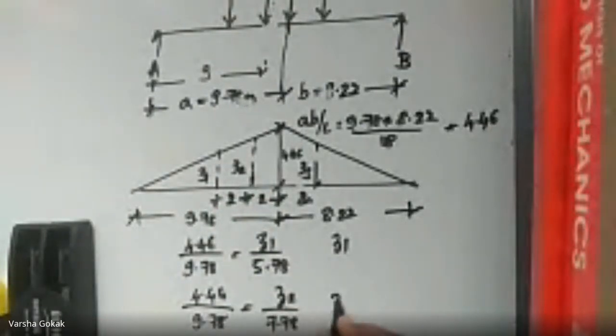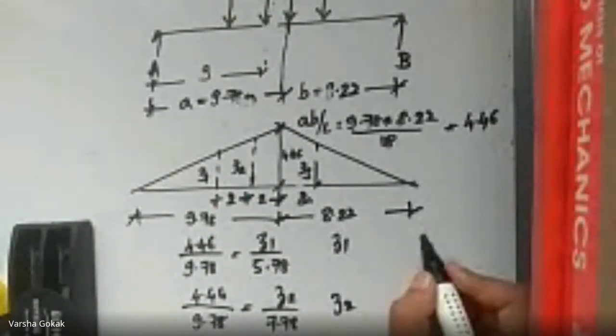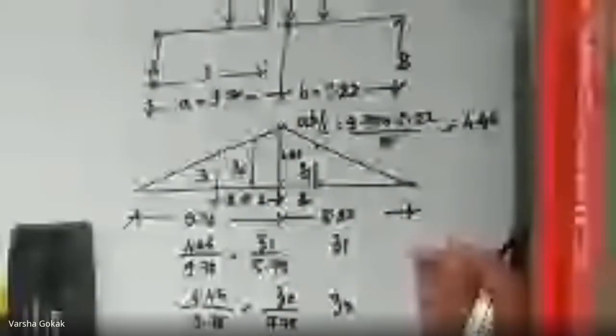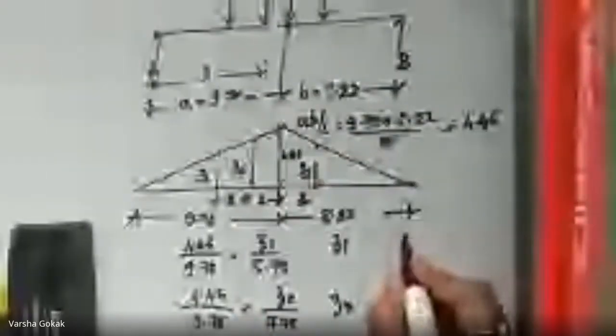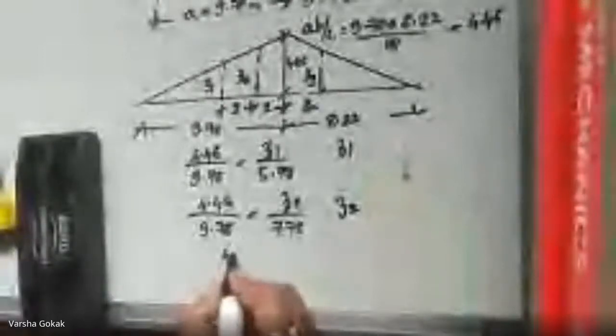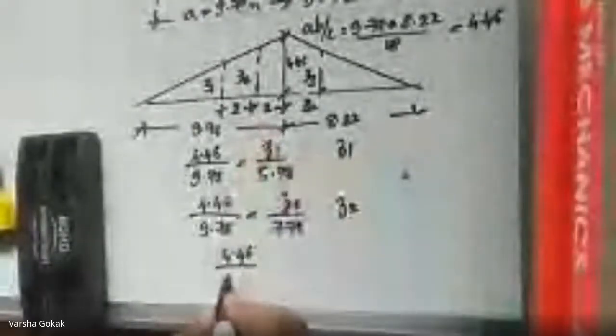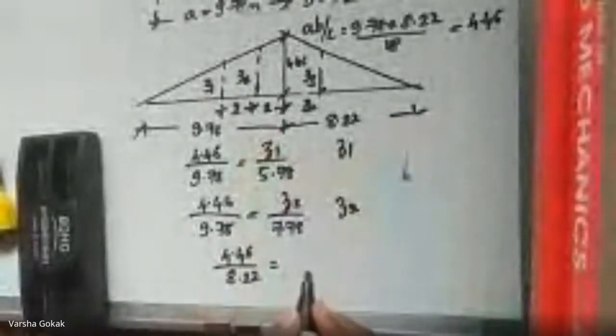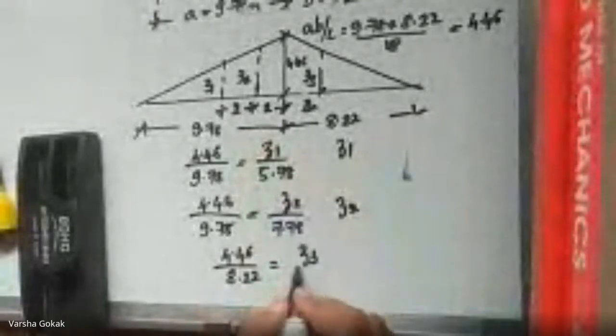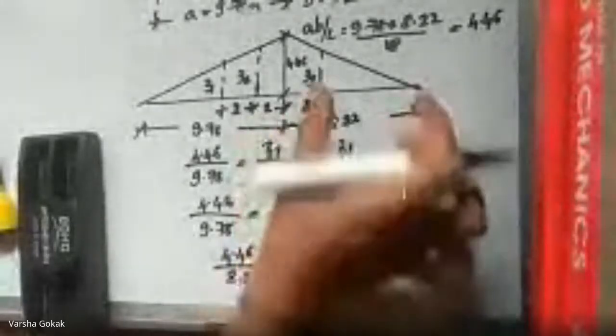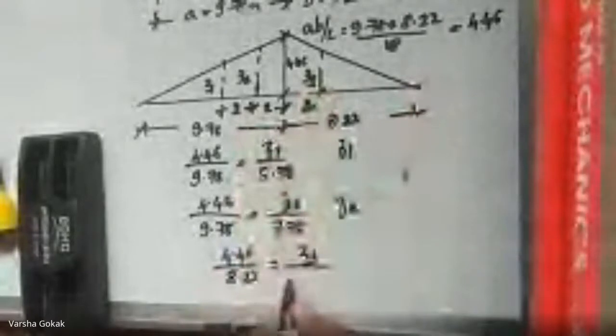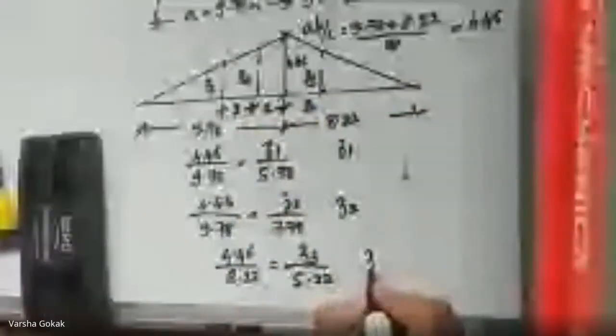You get the value of Z2. For Z3, 4.46 divided by the B distance 8.22 equals Z3 divided by 8.22 minus 3, that is 5.22. You get the value of Z3.